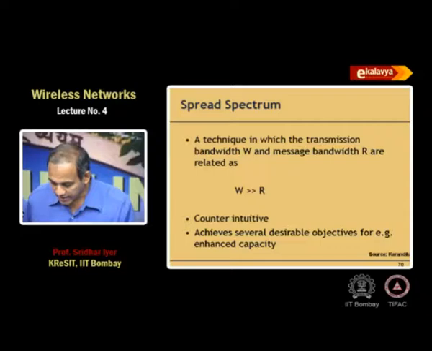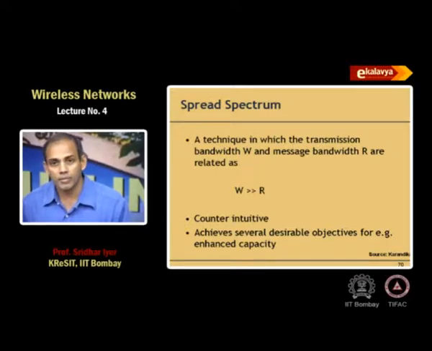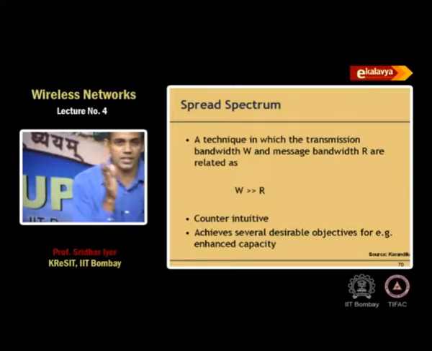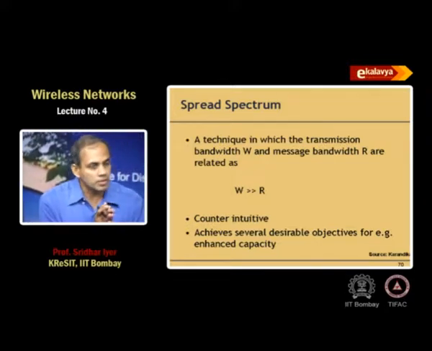Okay. So the technique is like this. Basically, the transmission bandwidth W and the message bandwidth R are related as W is far greater than R. Typically, what do we want to do? We want to take the message and transmit it in as short a bandwidth as possible, right? We want to use as little of the spectrum as possible.